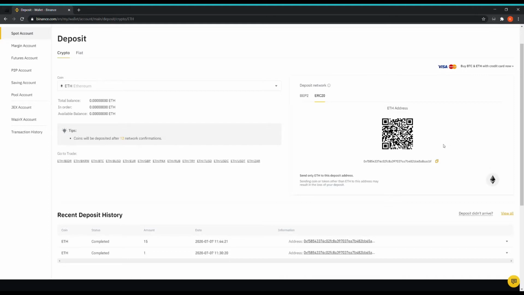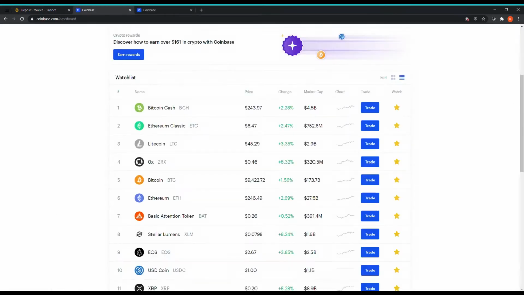So if you're using a phone, you can just scan this QR code, or you can hit copy address, and then whatever platform you're using, say you're on Coinbase. Once you're on your Coinbase, whether you're using the site or your phone, you would click on Ethereum. It will take you to the next page.